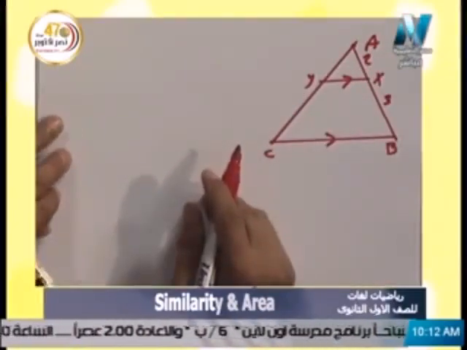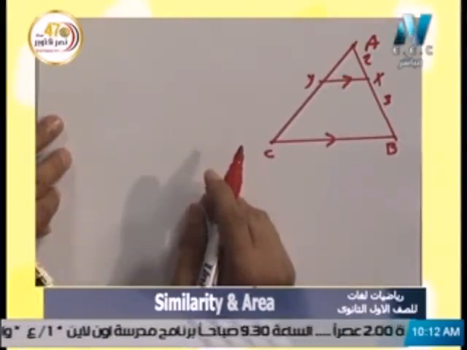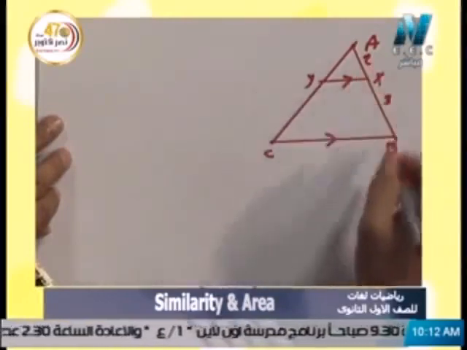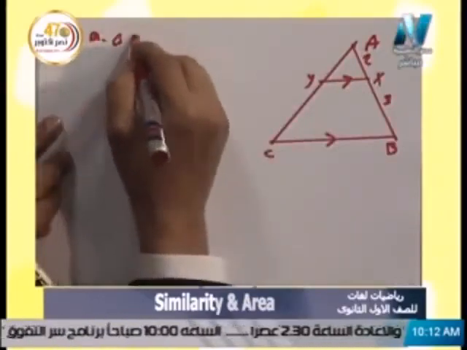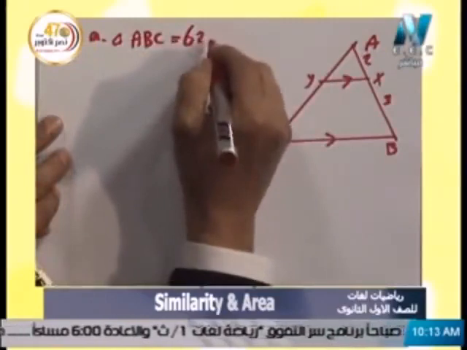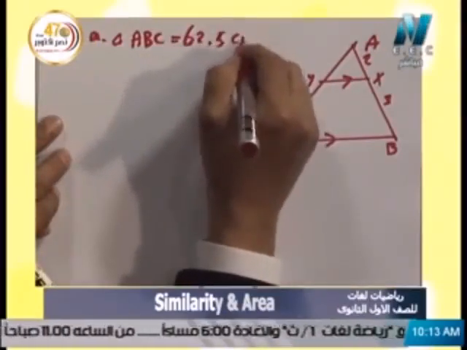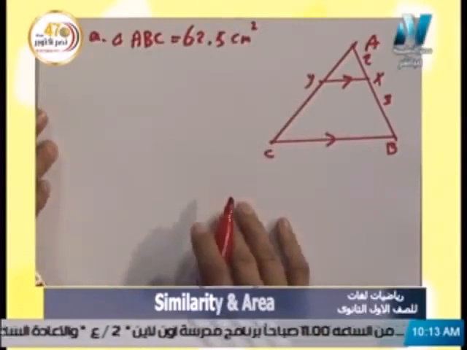Okay? And the area of triangle ABC equals 62.5 square centimeter. Okay?